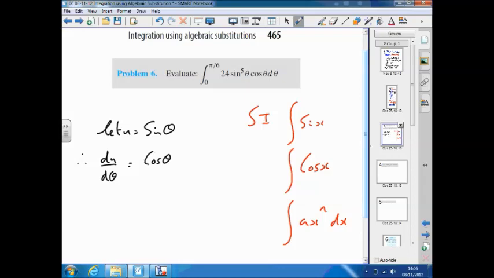Now, as before, we're after changing our integral d theta and making a substitution. So this d theta, we need to rearrange this little equation again. Multiply both sides by d theta, divide by cos theta, and we get d theta equals du over cos theta. Exactly the same process as in the previous example.